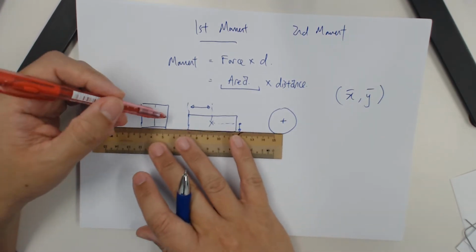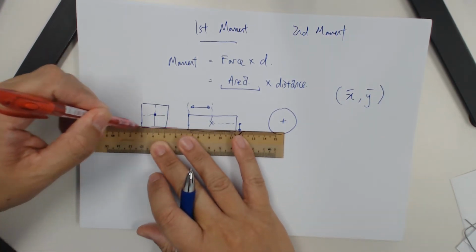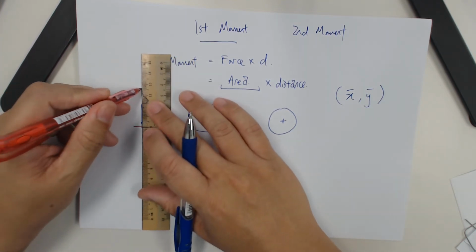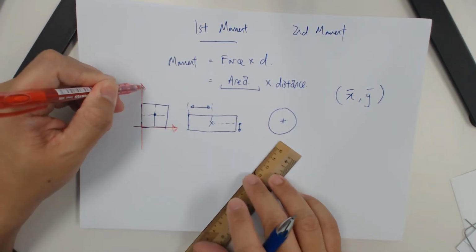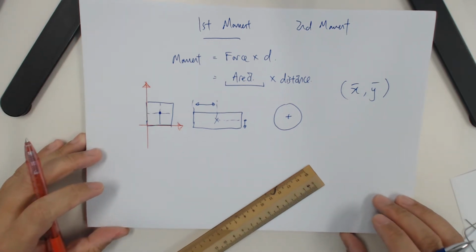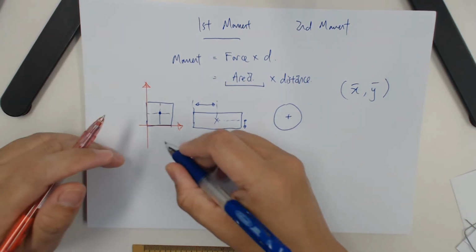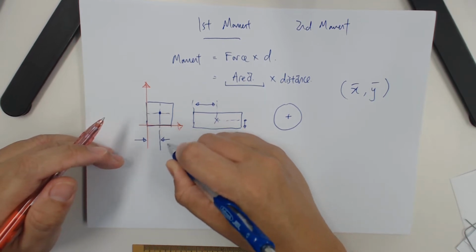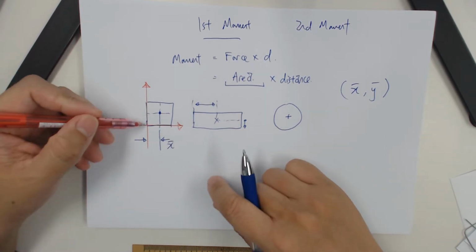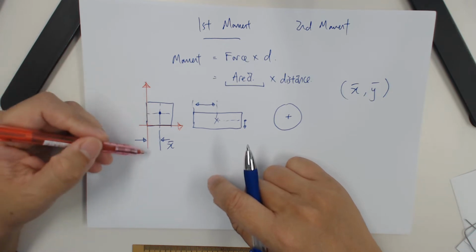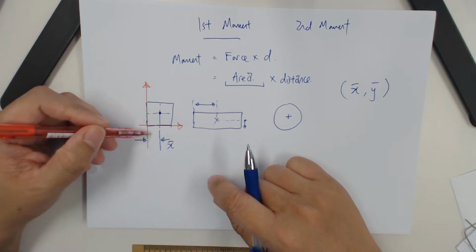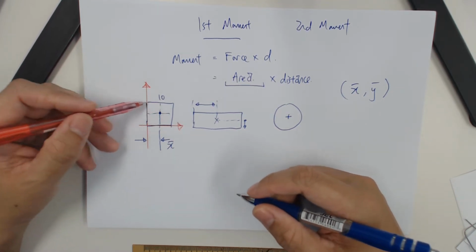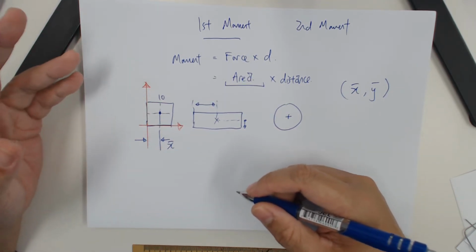Take for example this square, where your x-axis is here and your y-axis is here. Then you can give the answer of x bar as this value, the distance with respect to the axis. For example, if this square is 10 cm long, x bar will then be 5.